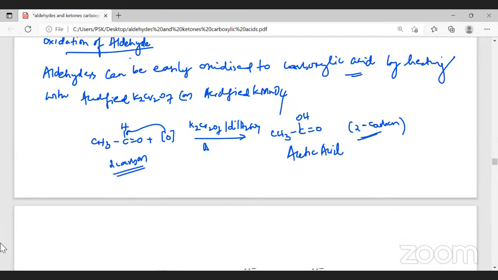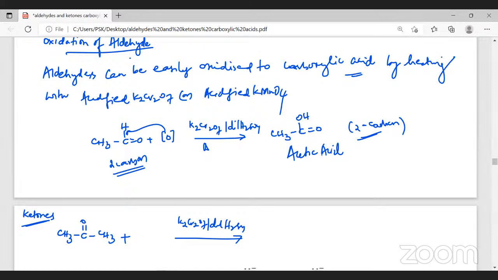Now, if ketones are oxidized, for example if you oxidize acetone, this is a ketone. The same reaction is performed with a ketone. When you oxidize this ketone in the presence of acidified potassium dichromate, K2Cr2O7, dilute sulfuric acid, this involves the cleavage of a strong carbon-carbon bond.